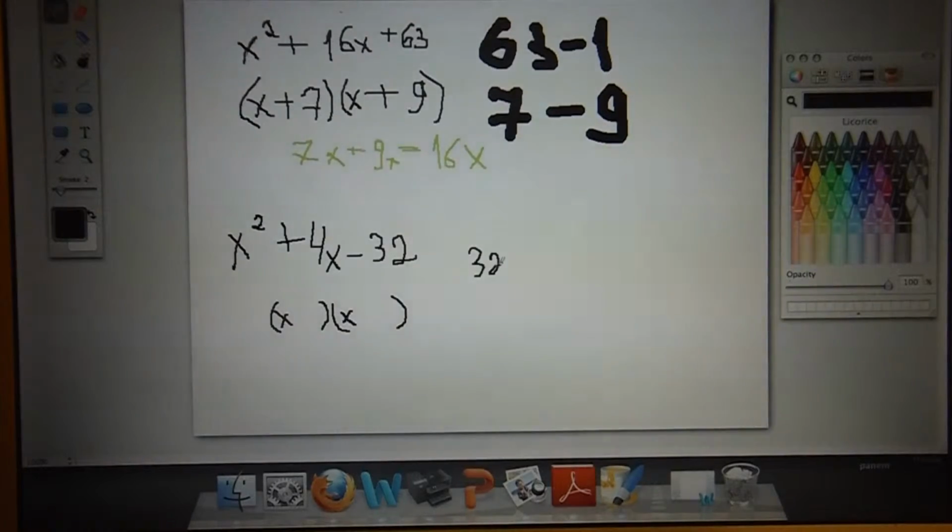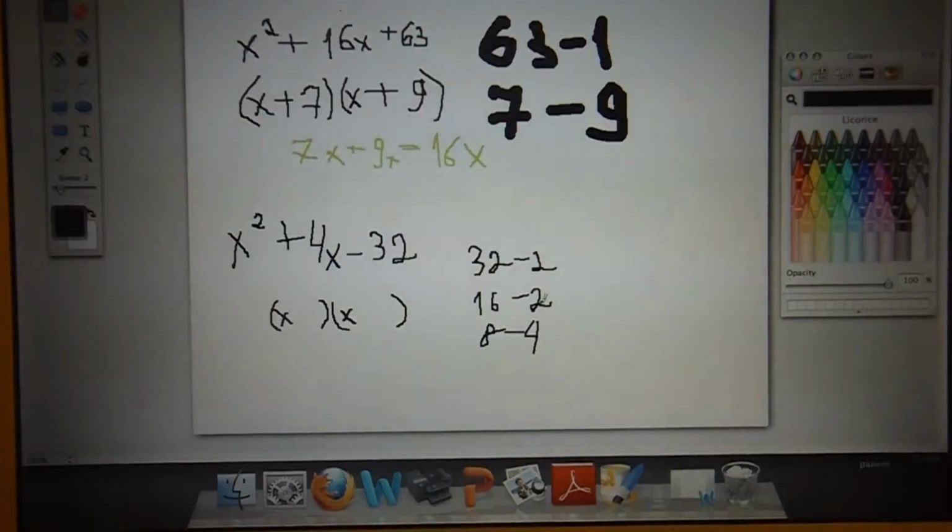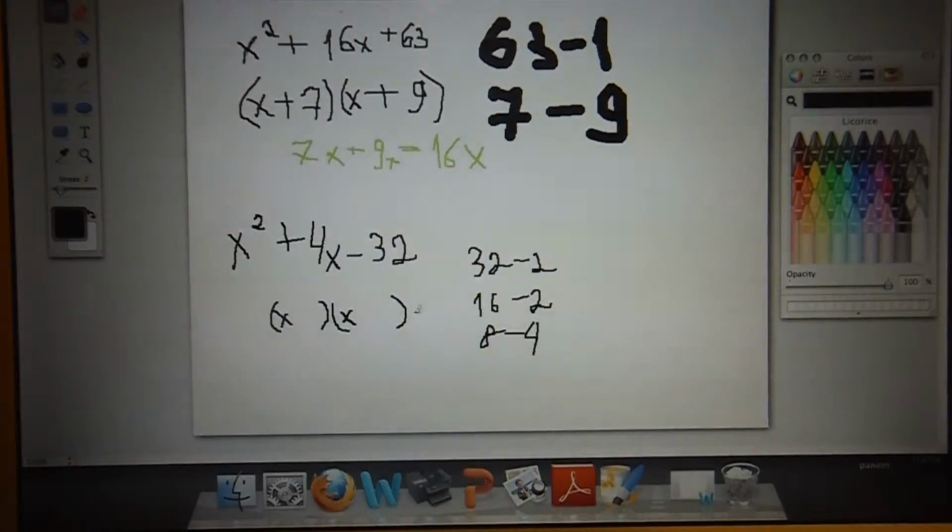So it's 32 and 1, 16 and 2, and 8 and 4. Let's just use 8 and 4.